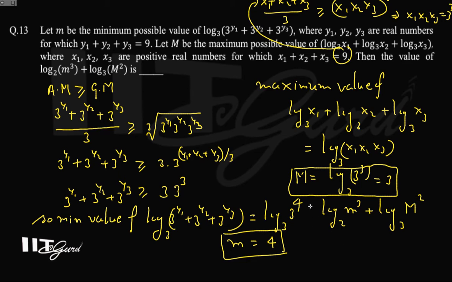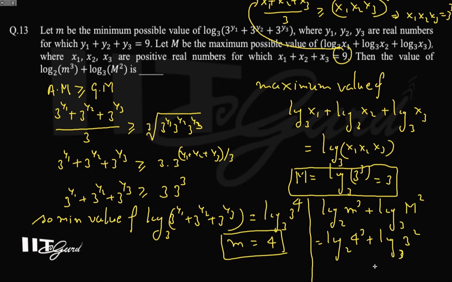Now substitute these values. After substituting, we get log of 4 cube to the base 2 plus log of 3 square to the base 3.